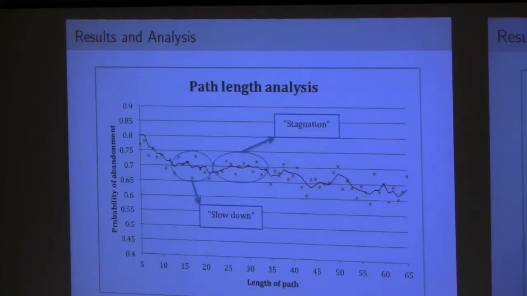And then this graph shows how the length of a user's path influences their probability of abandoning. So ideally we want a nice convincing website to have a very diagonal graph that convinces users to buy its products.